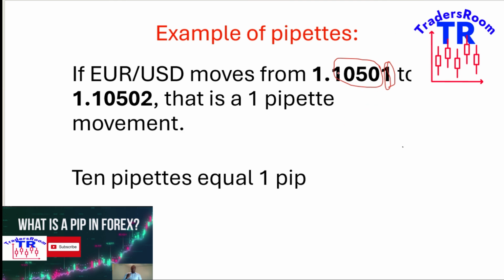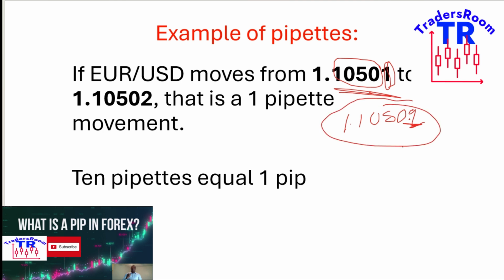But one thing you should know, if this number, for example, should move to 1.1050, instead of 1 it now moves to 9. This will remain 9. But what happens if this number, instead of 9, now moves to 10?